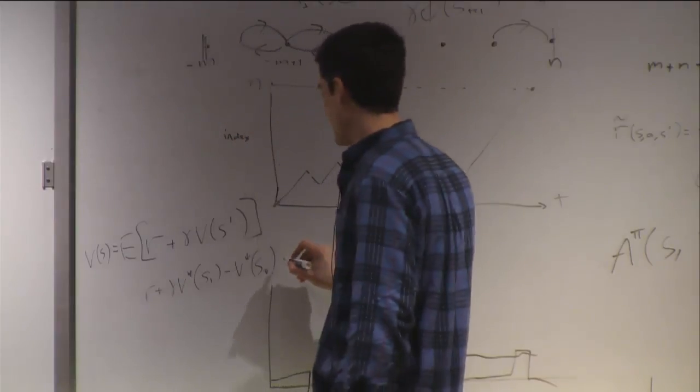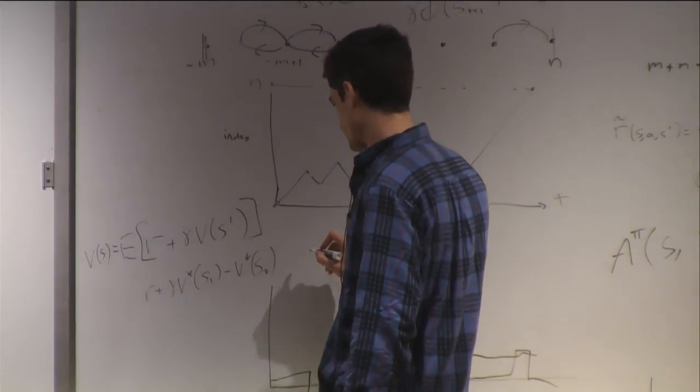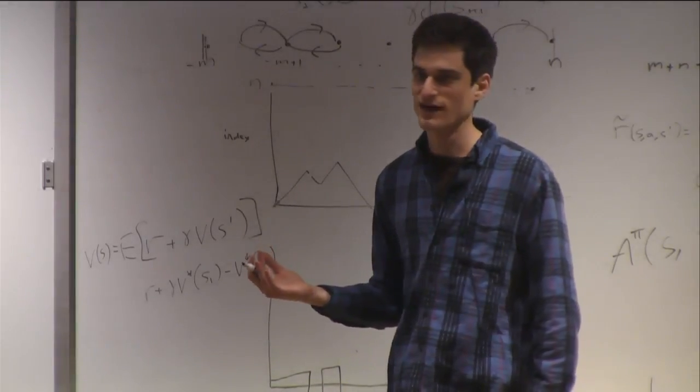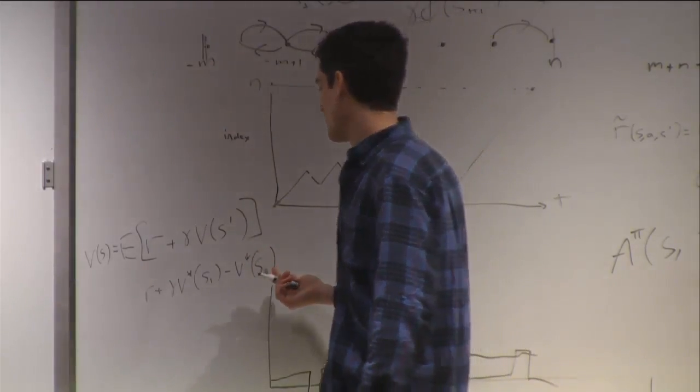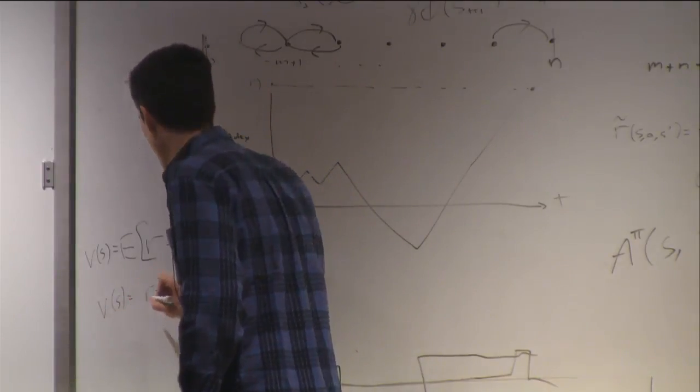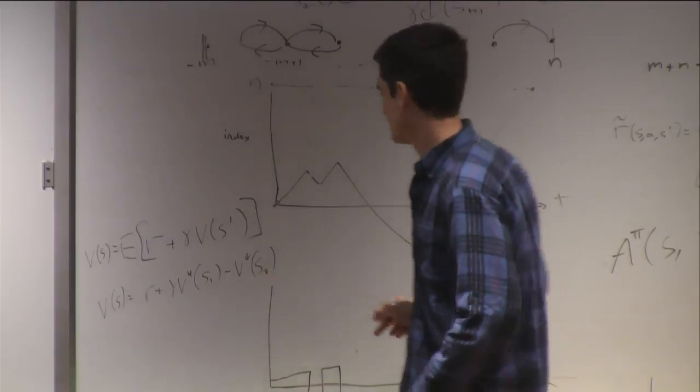And then we're adding, let's say we initialize the value function at 0, and then we do one step of value iteration. Then that means we're going to set v of s to equal the expectation of this quantity.